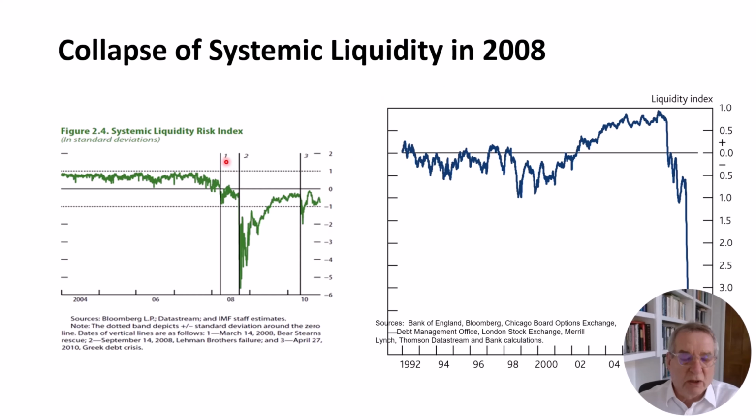So let's have a quick look at these timeline indicators. This is number one, which was effectively when Bear Stearns was acquired by JP Morgan at a rock bottom price and otherwise would have failed, and that would have preceded the Lehman Brothers crisis here, or the collapse of Lehman, in September '08, number two.